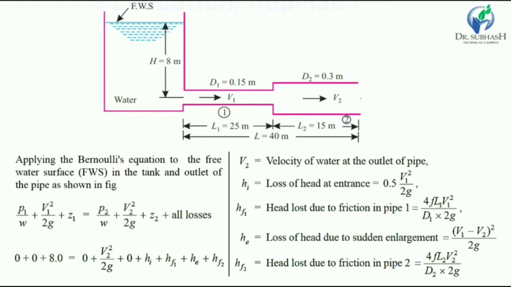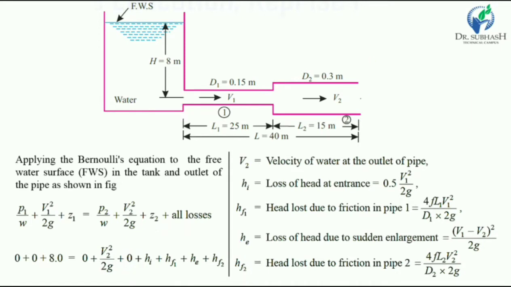Now the sudden expansion, so head loss due to the sudden expansion, and the last loss is the friction at section 2, HF2, head loss due to friction at section 2. So all losses are considered for section 1 and section 2 of the pipe.